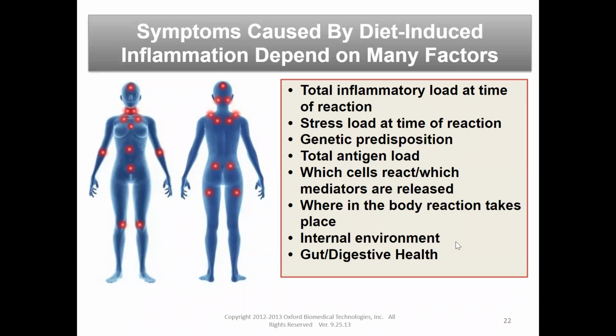Which cells react and which mediators are released? Where in the body the reaction takes place also varies. And also the current condition of your body and your gut and digestive health. This is all going to play a huge role in the type of symptoms and the severity of the symptoms.